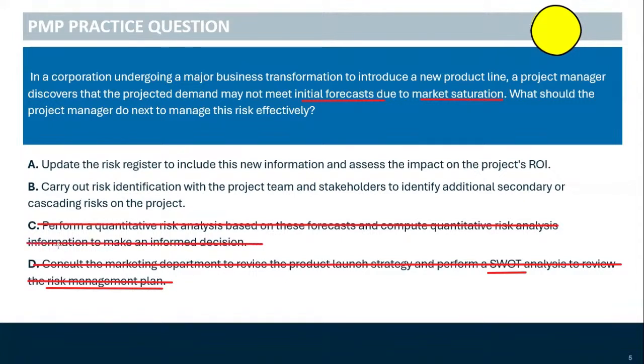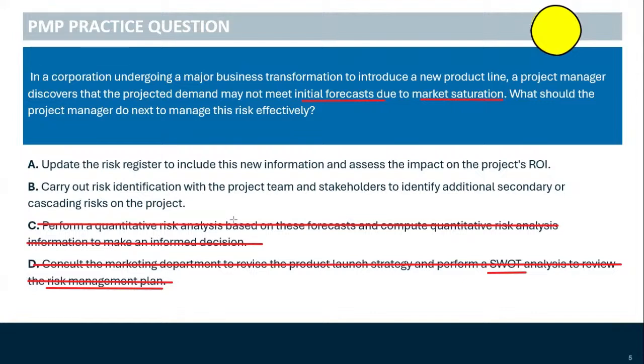We're going to check out option B. Carry out risk identification with the project team and stakeholders to identify additional secondary or cascading risks on the project. Well, think about it. What is done first is identifying a risk. And that is what we need to be focused on, that risk being dealt with.